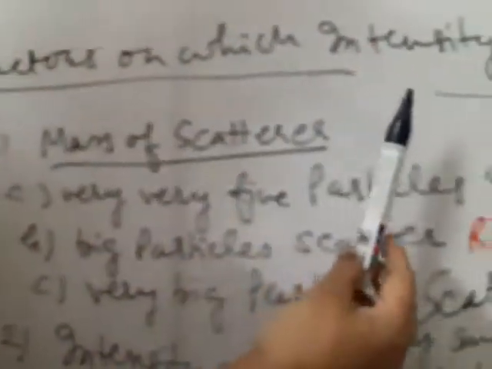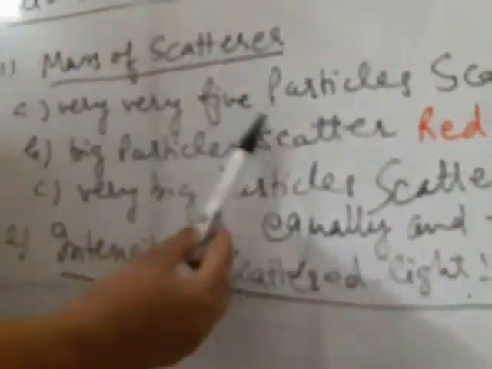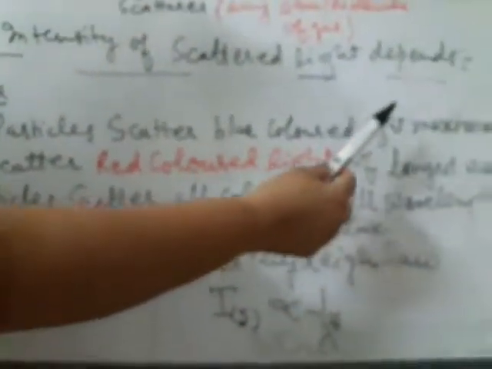Factors on which the intensity of scattered light depends: there are two factors. First one is the size of the scatterer. Very fine particles scatter blue colored light of short wavelength maximum.